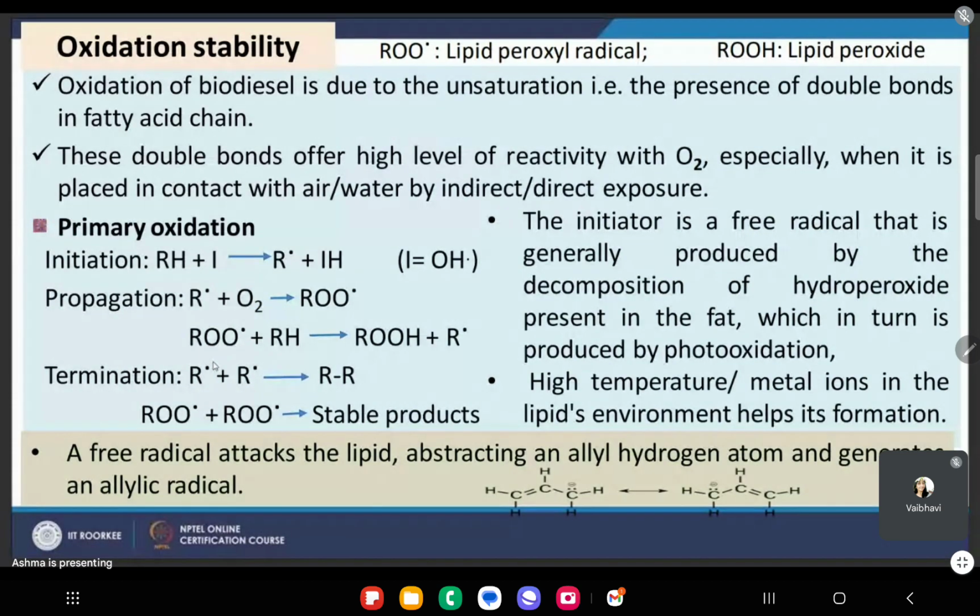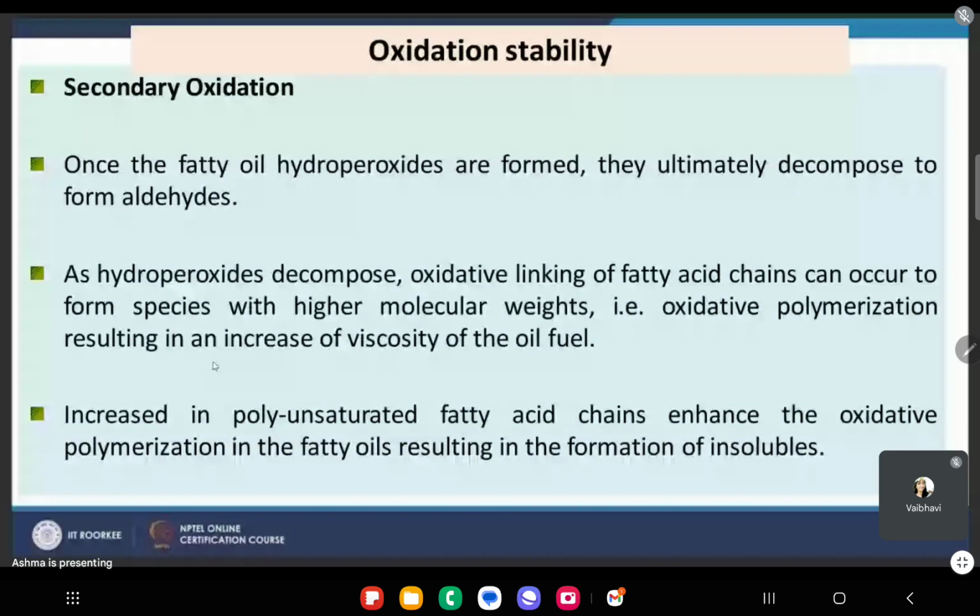So oxidation of biodiesel takes place by oxygen due to the presence of double bonds on the fatty acid chain. These double bonds are oxidized by oxygen and the degradation of biodiesel takes place.